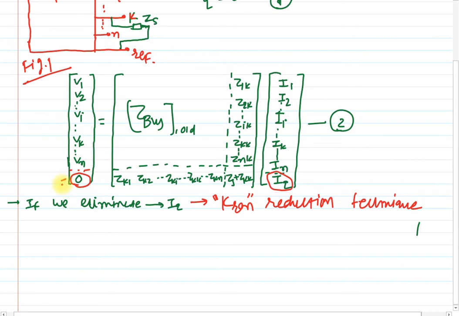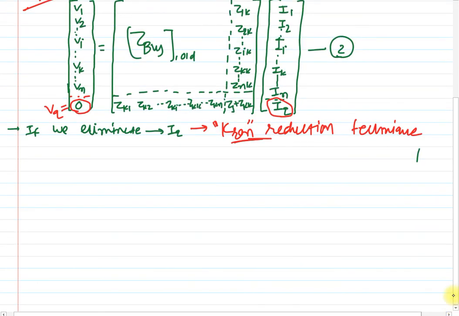Just because of this 0, we can apply the Kron reduction technique. Now let us see what the Kron reduction technique is, which we are going to apply in our equation number 2.